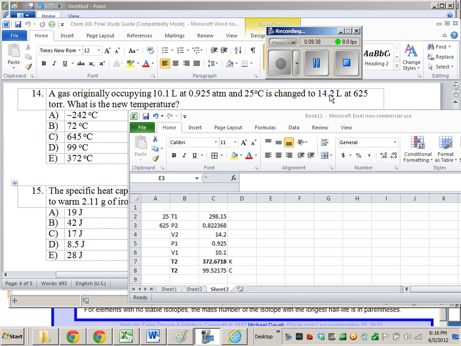So typically when that happens, temperature drops. And we took a pressure and we reduced it. We went from like 0.925 to 0.822, whatever. So again, typically when that happens, temperature drops.